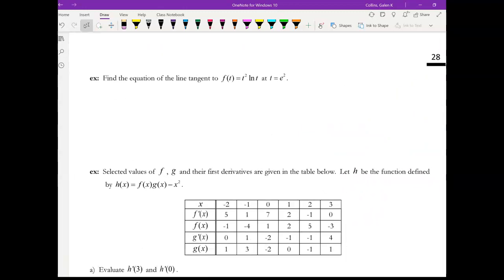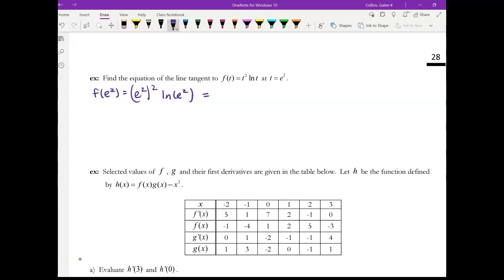The top of page 28: find the equation of the line tangent to f at t equals e squared. So we know that means we need f of e squared and f prime of e squared. Well, for f of e squared, I just substitute e squared for t. So I have e squared squared times the natural log of e squared.